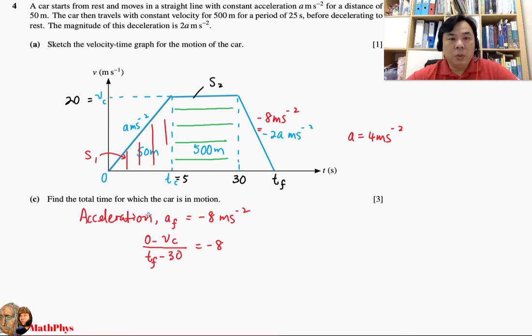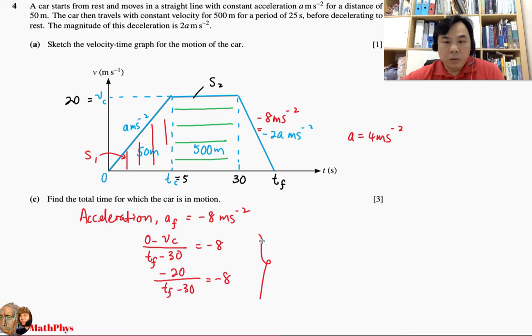And then we knew about this Vc here, which is 20 meter per second. So I'm going to substitute that. That will be negative 20 meter per second over Tf minus 30 equal to negative 8. Now, of course, the negative sign you can simplify. I'm going to show the working over here. It'll be much easier in this case.